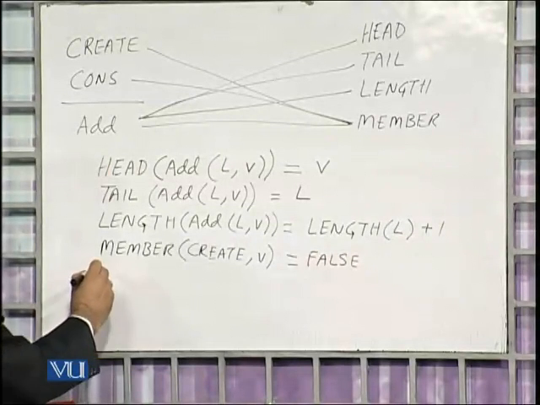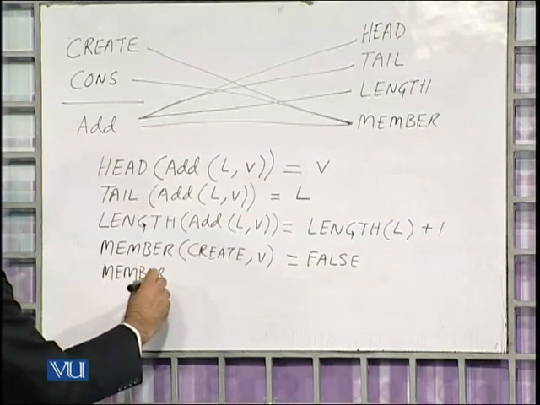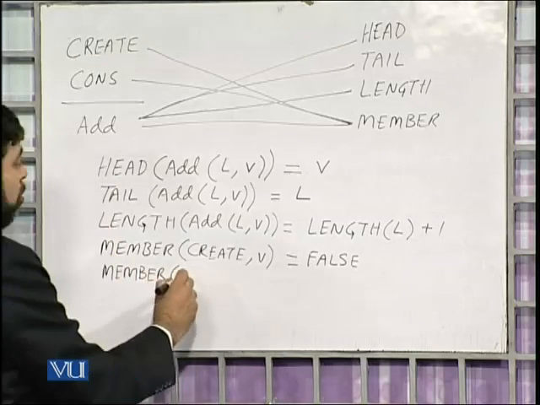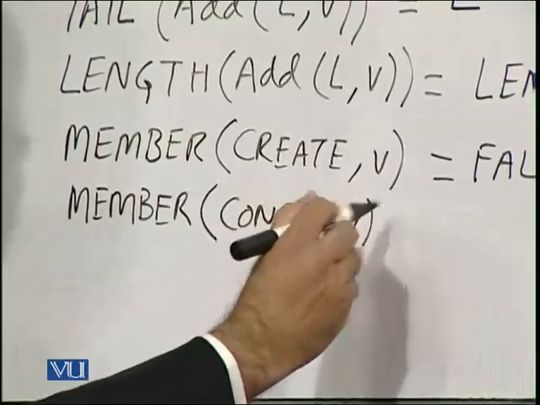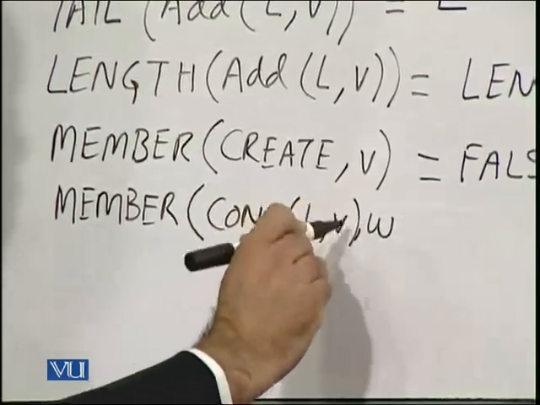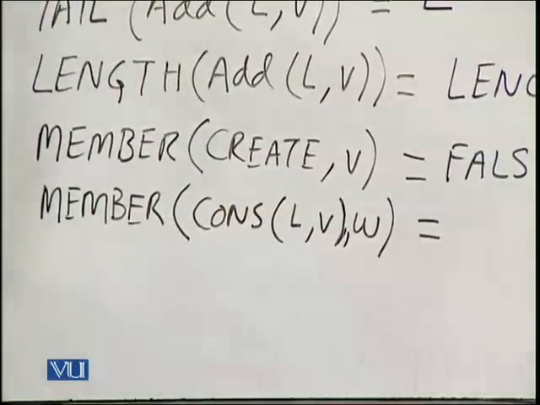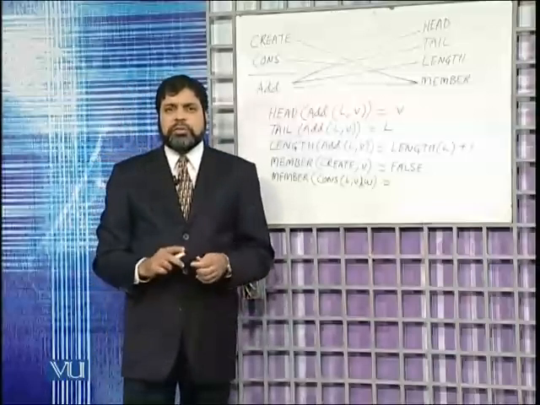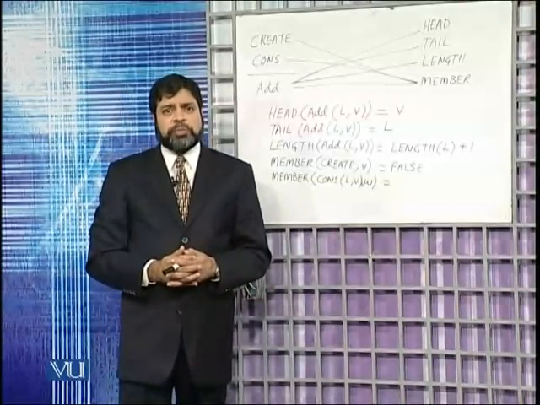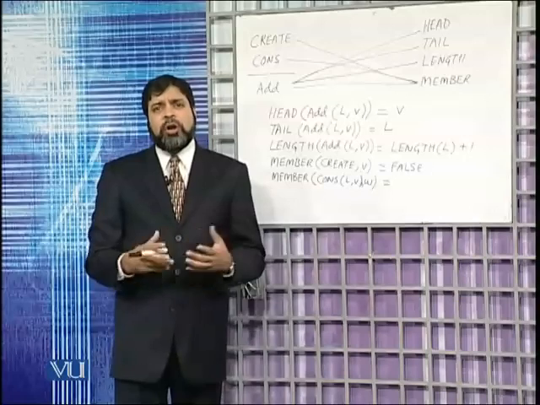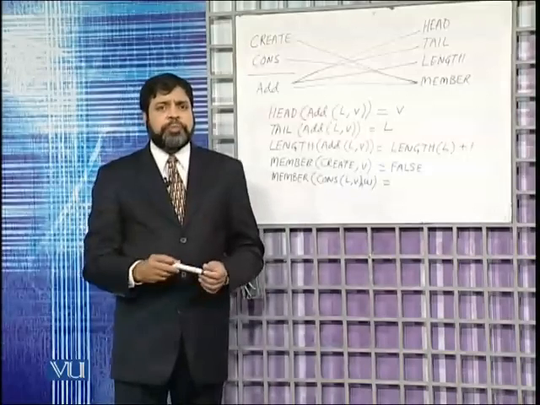The second one is member cons. Now, this is a slightly more involved kind of a question, but actually not very difficult to answer. Remember the binary search tree?